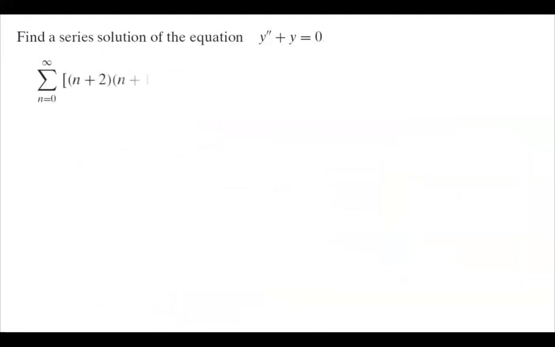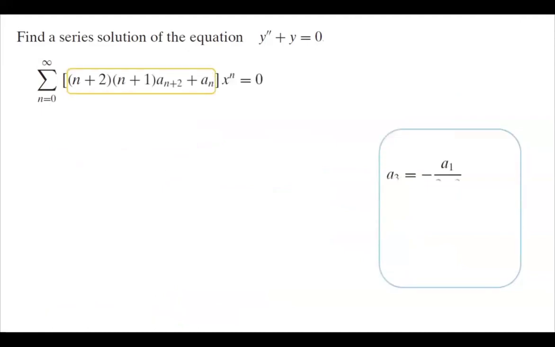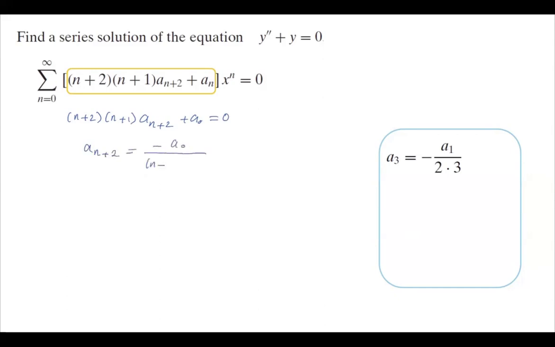Now, what about odd indices? For the odd indices, we're going to plug in other values. So far, we saw that the relationship that we have is n plus 2, n plus 1, a sub n plus 2, plus a sub n equal to 0, or a sub n plus 2 is equal to negative a sub n divided by n plus 2 times n plus 1.